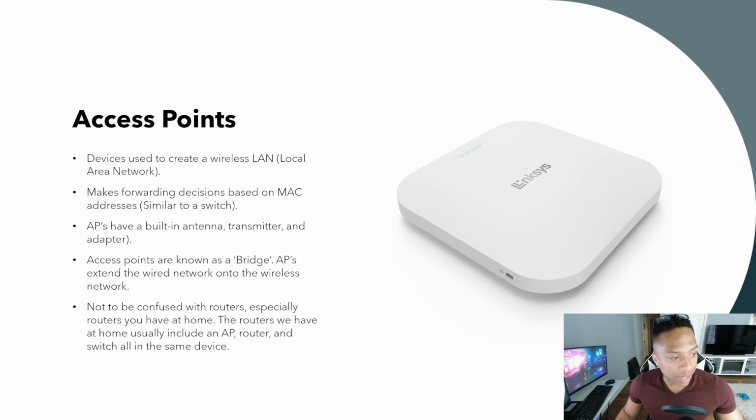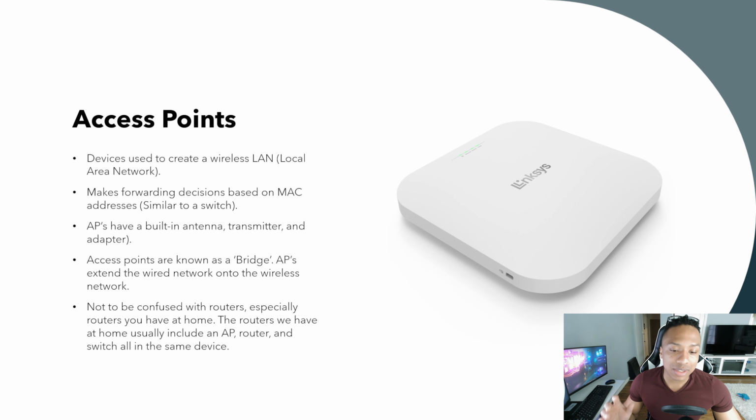All right, let's talk about access points. So whatever you do, don't confuse an access point with a router. We usually have routers at home that are a combination of a router, an access point, and a switch.